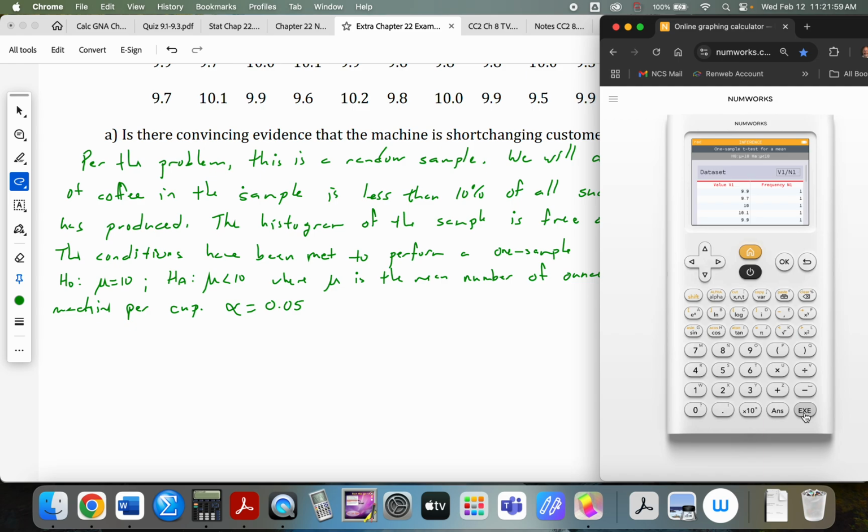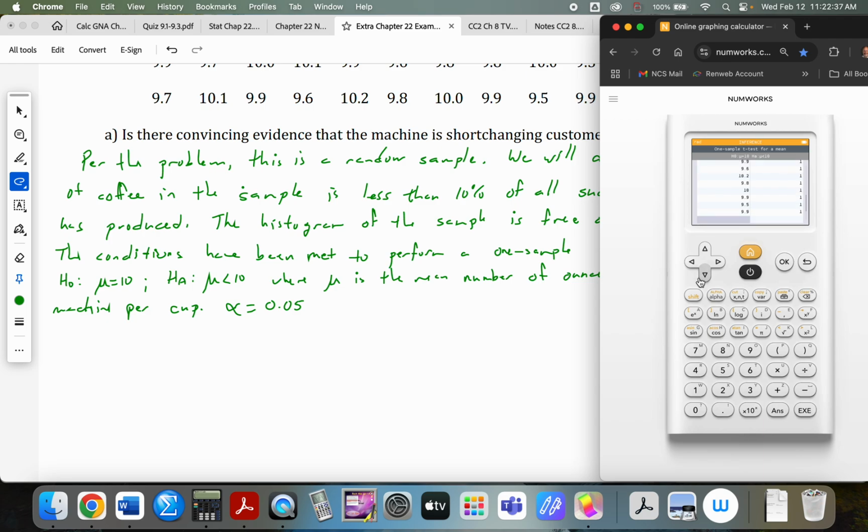So let me read these again and see if you can figure out where I went wrong. 9.9, 9.7, 10, 10.1, 9.9, 9.6, 9.8, 9.8, 10, 9.5, 9.7, 10.1, 9.9, 9.6, 10.2, 9.8, 10, 9.9, 9.5, 9.9.